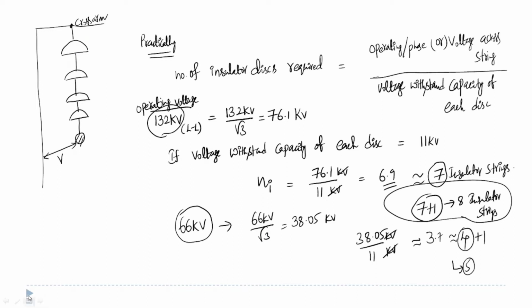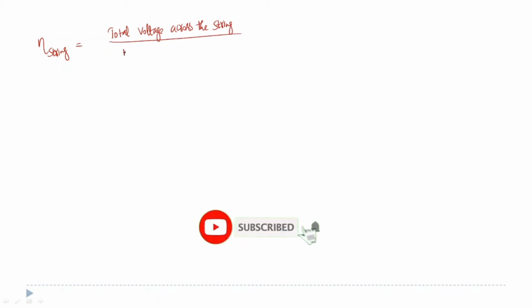What is the string efficiency? Let me write the formula for string efficiency. String efficiency is equal to the operating voltage, or total voltage across the string, divided by the number of insulators multiplied by the voltage across the disc.